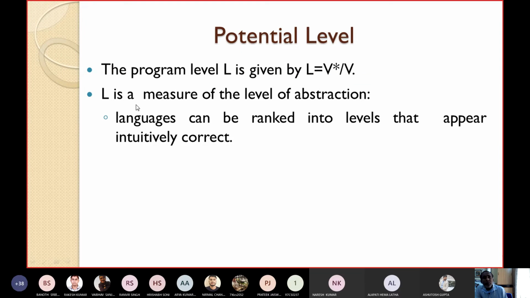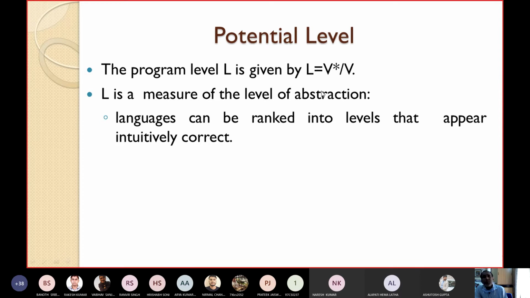What is the level of abstraction? The languages can be ranked into different levels that appear intuitively correct. So this program level can be used for ranking the different languages.